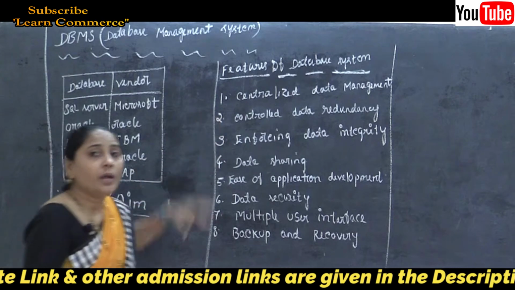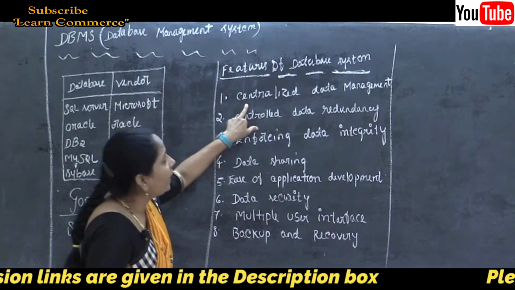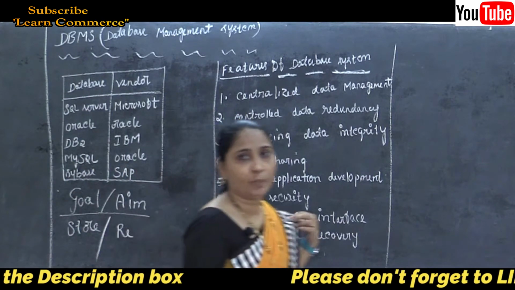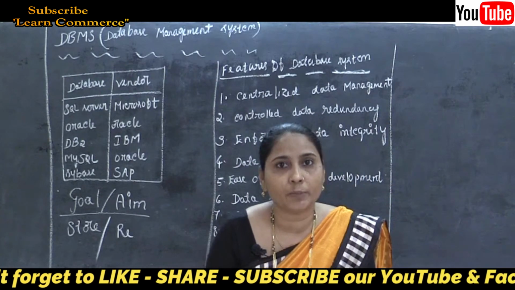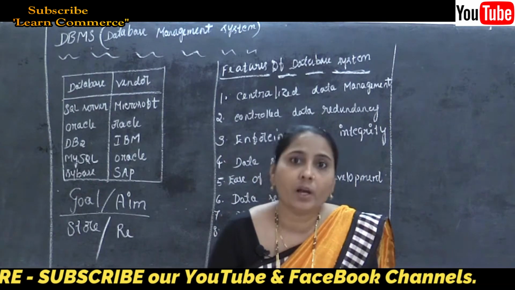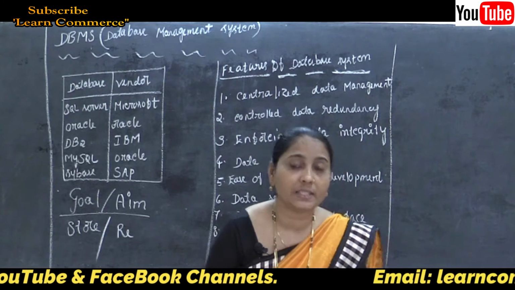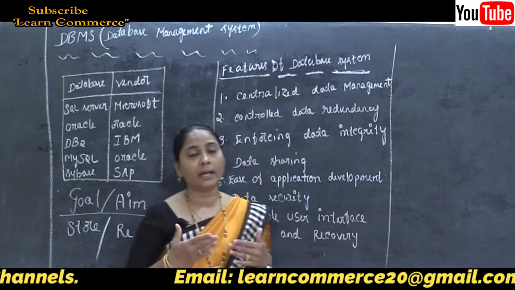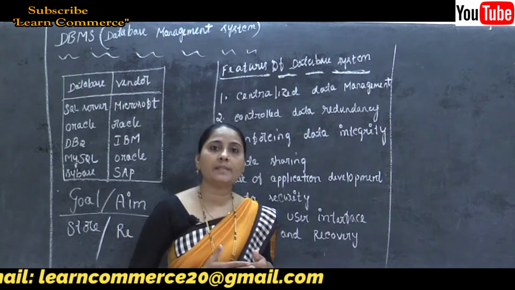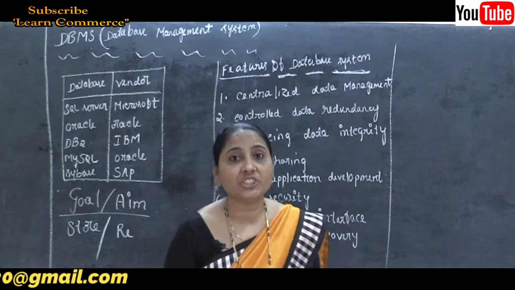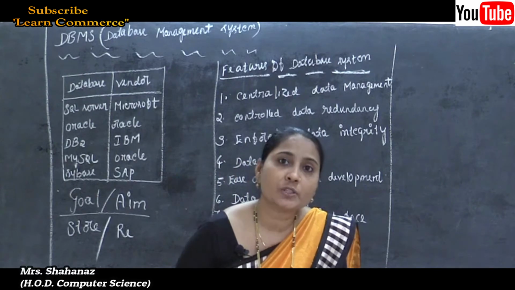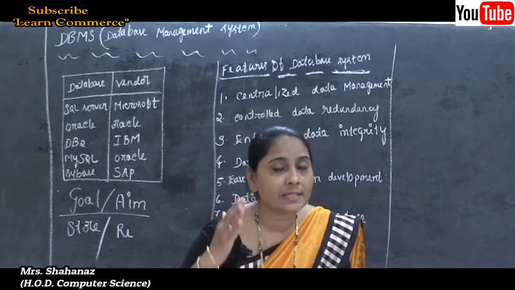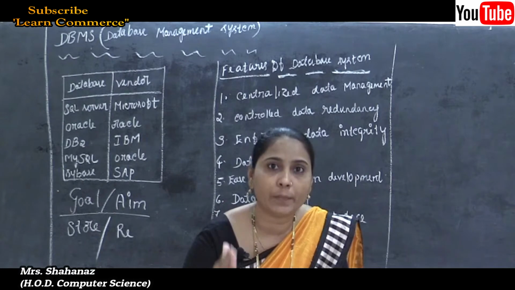So we can say this is centralized data management. The main advantage is centralized data management. What does centralized data management mean? Whatever data we store in our database approach is shared among multiple users. Clear this point? It is stored in a central location and can be shared among multiple users.